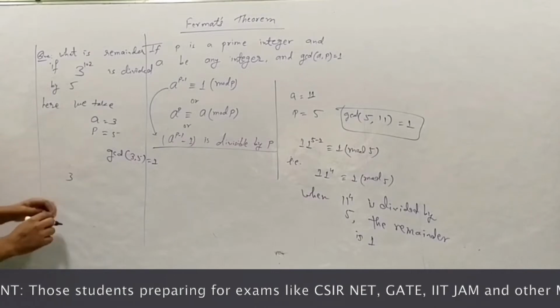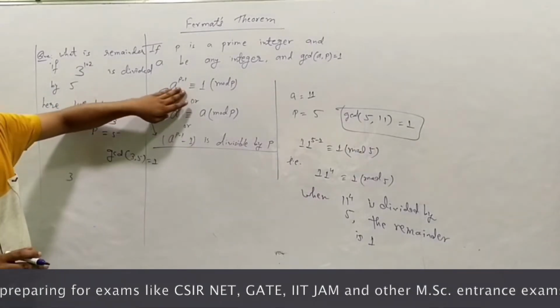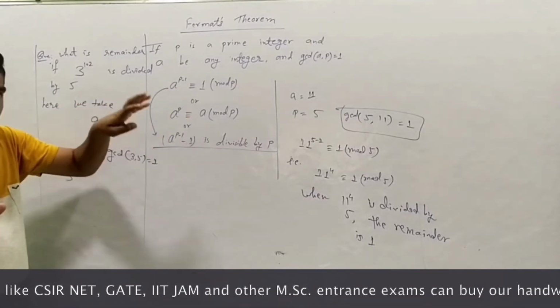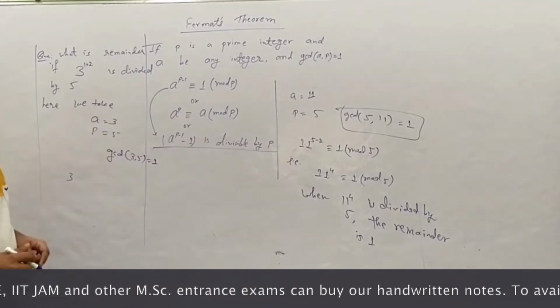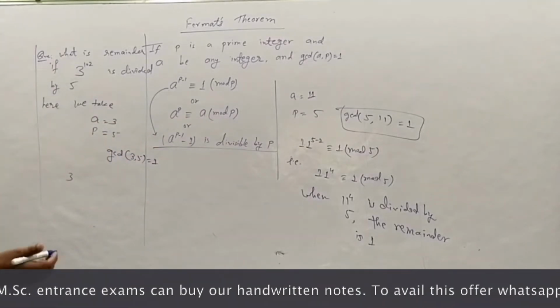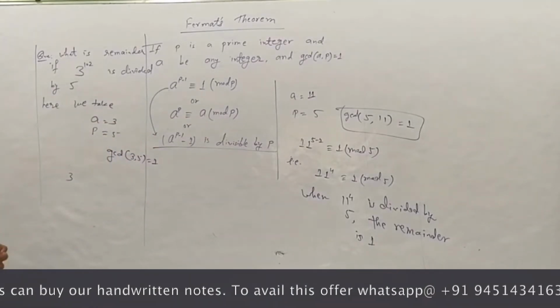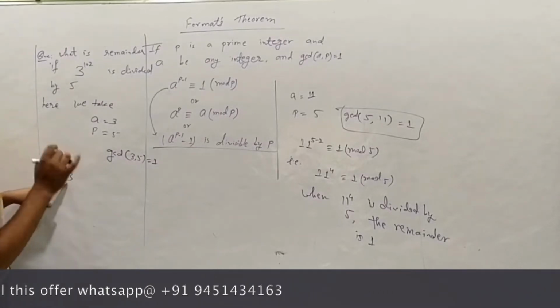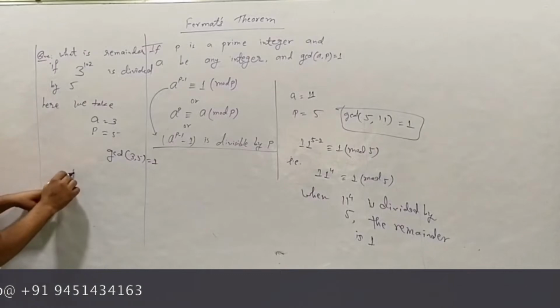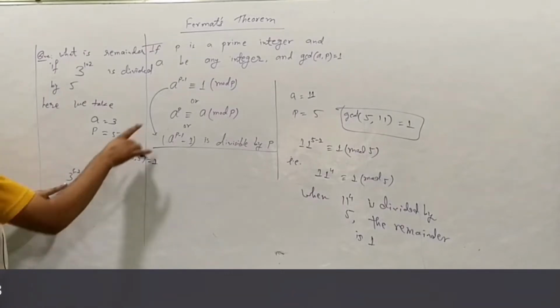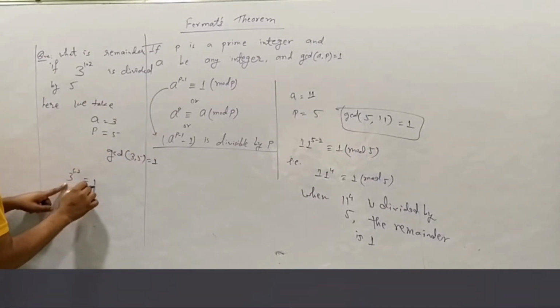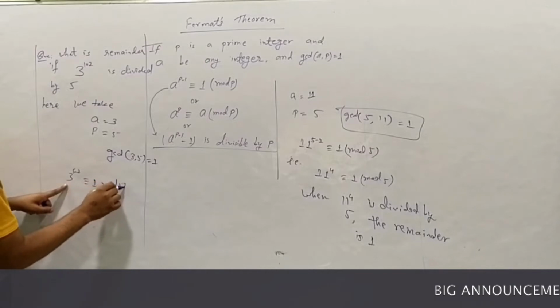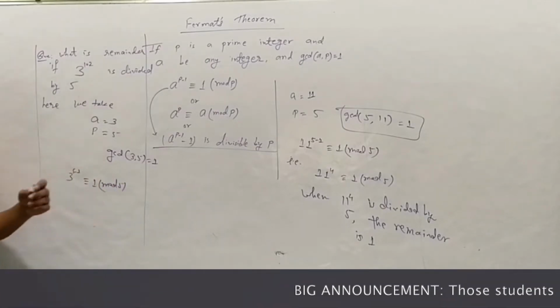Either we use this condition or we can also use the other condition, whatever you choose. So 3 raised to the power 5 minus 1 is congruent to 1 modulo 5.